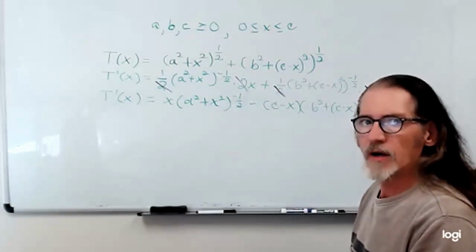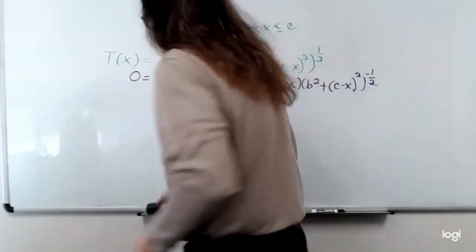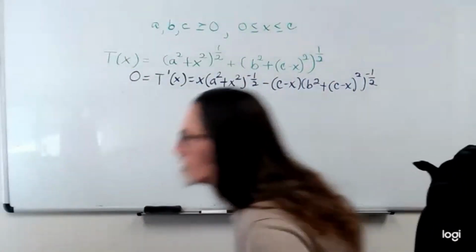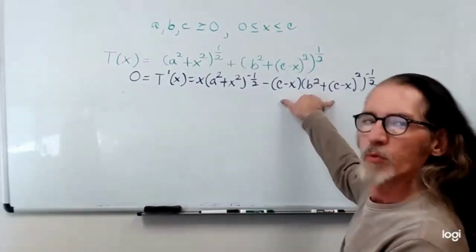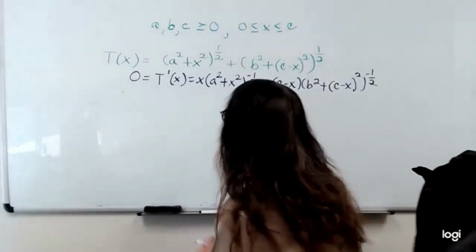Now I need to find out where that equals 0. Let's add this portion to both sides.